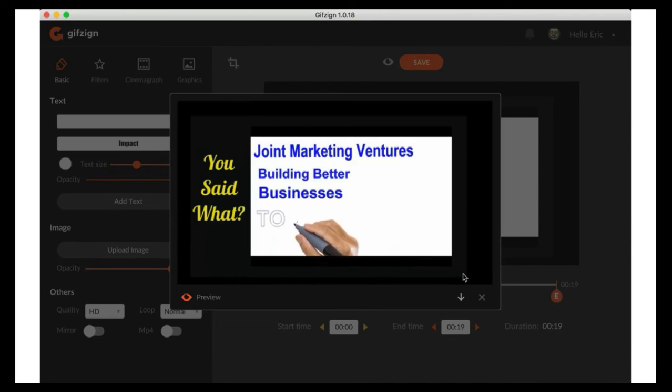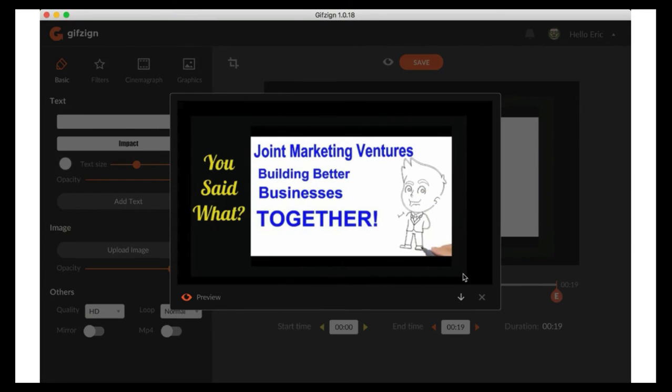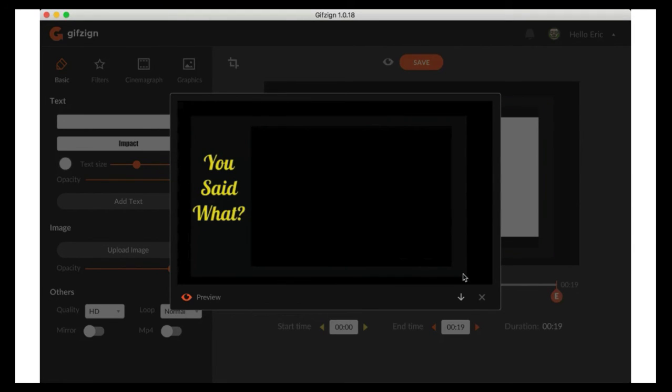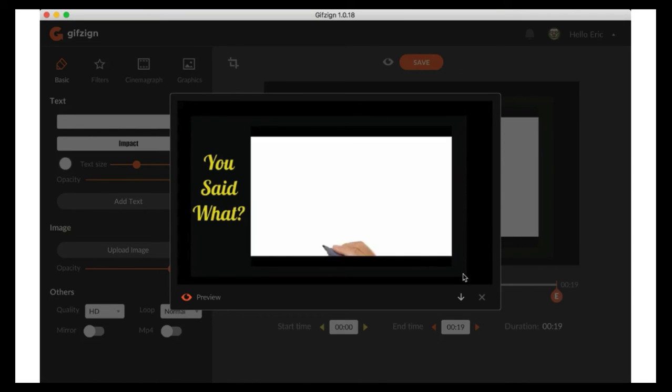Could you do a custom picture transparent frame from an existing image? The answer to that question is yes. You can definitely do that.